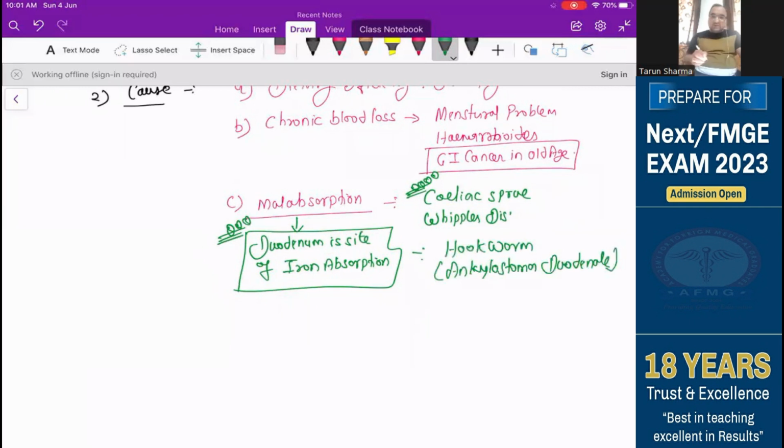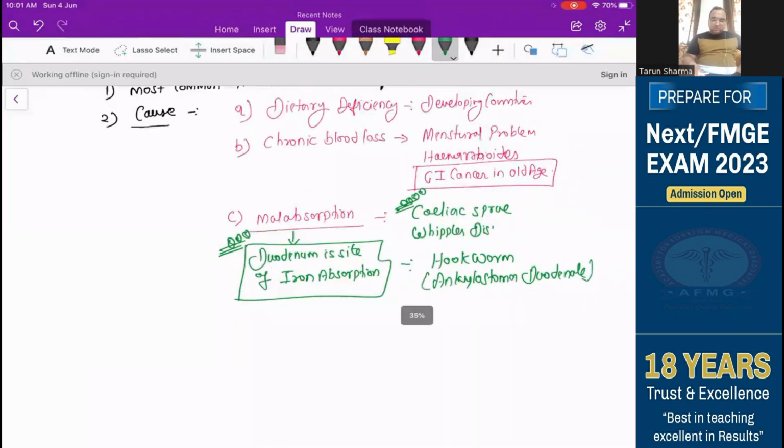So if you remember the name of the hookworm, you can remember the site of absorption, that is Ankylostoma duodenale, because it affects the duodenum, and the duodenum is the site of iron absorption. So that's why it also affects iron absorption. The children who are suffering from hookworm infestation usually suffer from iron deficiency anemia.